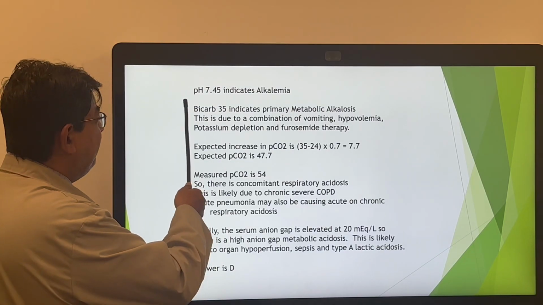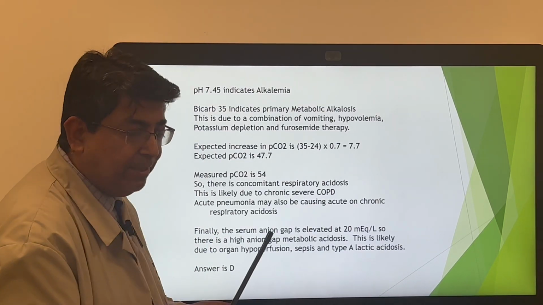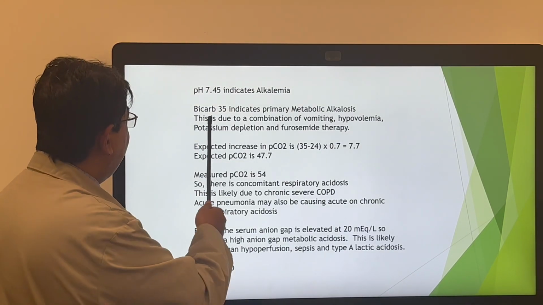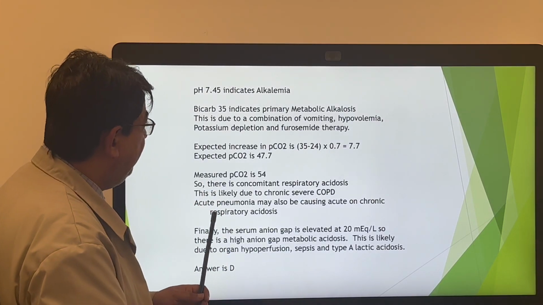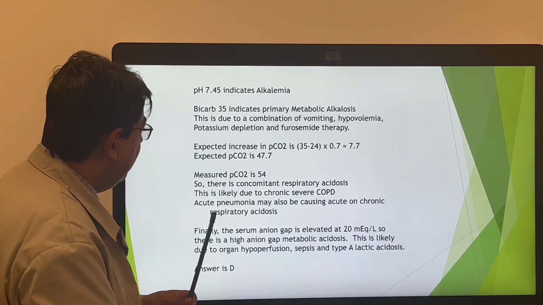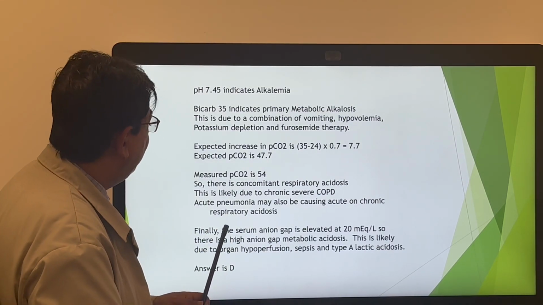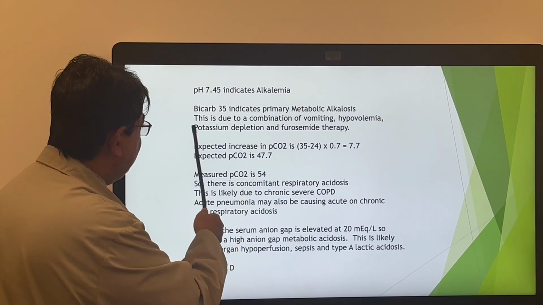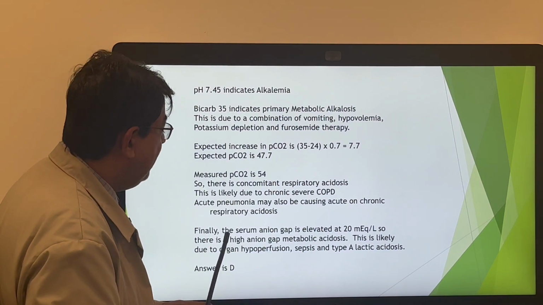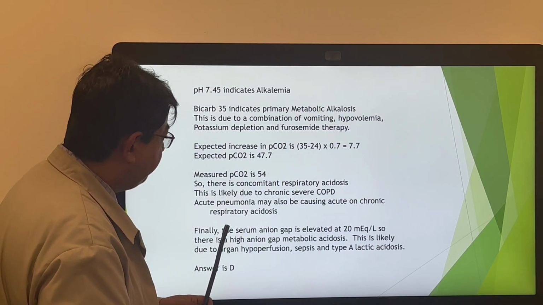So the pH of 7.45 indicates alkalemia. And the bicarb of 35 indicates the primary metabolic alkalosis. In this case, this would be due to a combination of vomiting, hypovolemia, potassium depletion, don't ever forget potassium depletion, and furosemide therapy.